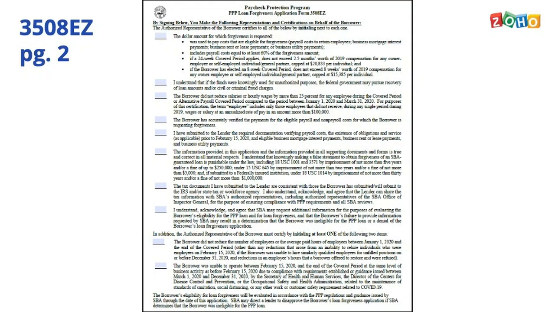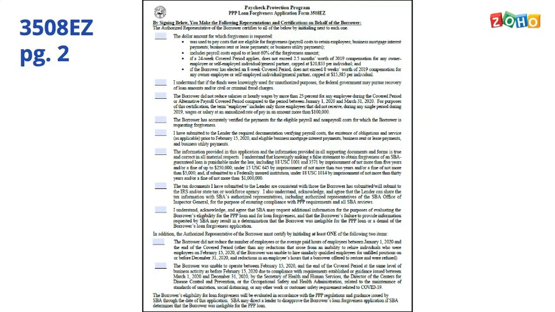The second one: the borrower was unable to operate between February 15, 2020 and the end of their covered period at the same level of business activity as before February 15, 2020, due to compliance with requirements established or guidance issued between March 1st, 2020 and December 31st, 2020 by the Secretary of Health and Human Services, the Director of the Centers for Disease Control and Prevention, or the Occupational Safety and Health Administration relating to the maintenance of standards for sanitation, social distancing, or any other customer safety requirement related to COVID-19. That is a huge catch-all.